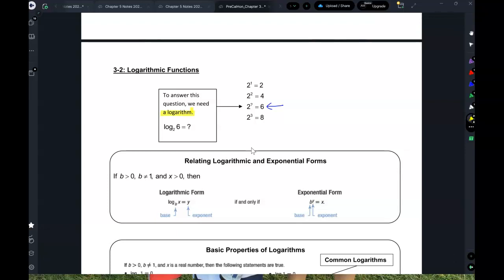One way of saying 2 to the power of x is equal to 6, another way of saying the same thing is log base 2 of 6 is equal to x. So if I was walking down the street and saw this on a billboard, I would tell myself, oh my God, somebody is looking for an exponent of 2 that would give them a 6. That's how that translates to me, okay?